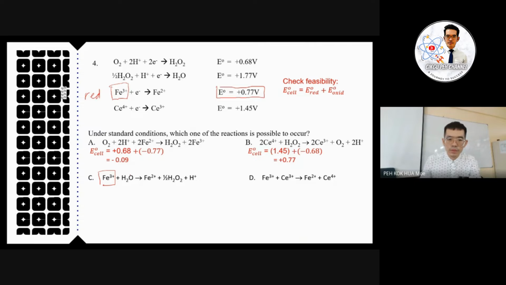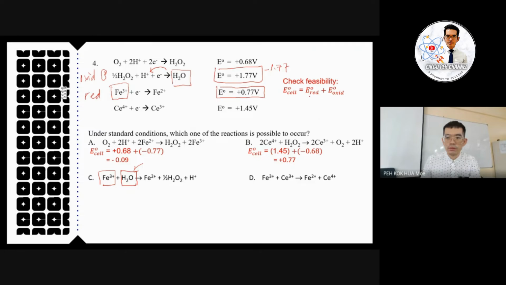The other equation here will be the oxidation reaction for the water. So that means the reactant will be on the right, so it will be equation number 2. Since this is the oxidation reaction, the reaction will be shifted to the left, and the E0 value will be negative 1.77.